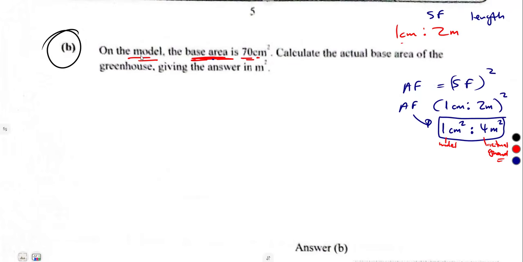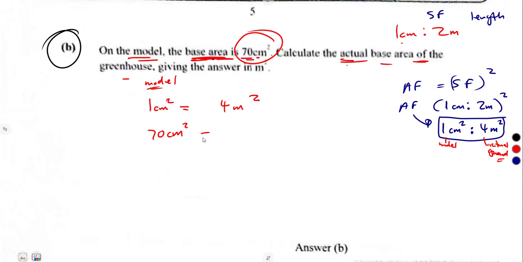So from this relationship that you're given, a square centimeter represents 4 square meters. On the model, we are given the area as 70 square centimeters. Calculate the actual base area of the greenhouse. The actual is the one that we need.